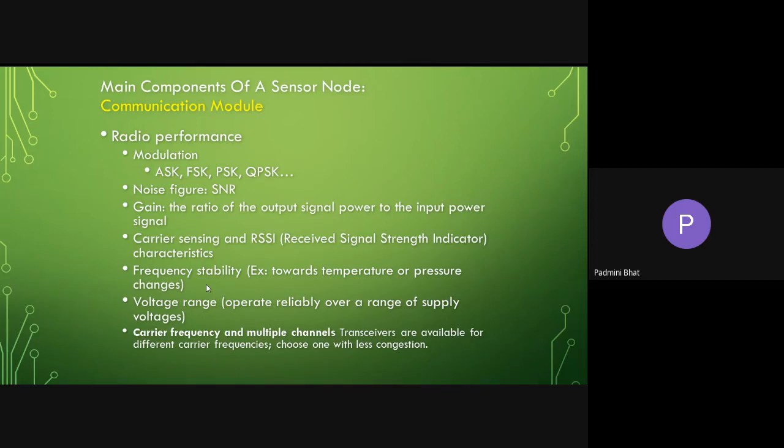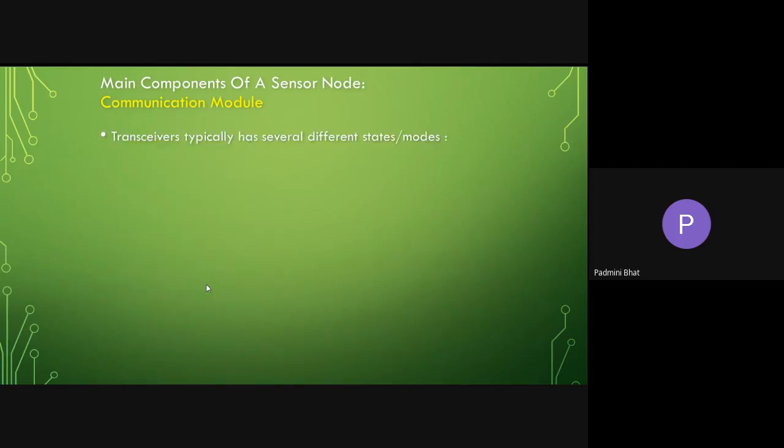Then carrier frequency and multiple channels: transceivers are available for different carrier frequencies. That is the frequency band that we select, the carrier frequency.